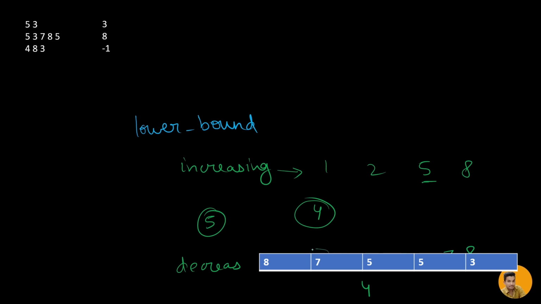So which is the just smaller value? 3. And 3 will be displayed. So when increasing, the lower bound gives equal or just the next higher value to that passed value. And when decreasing, it gives equal or just the next smaller value. I think it is clear.